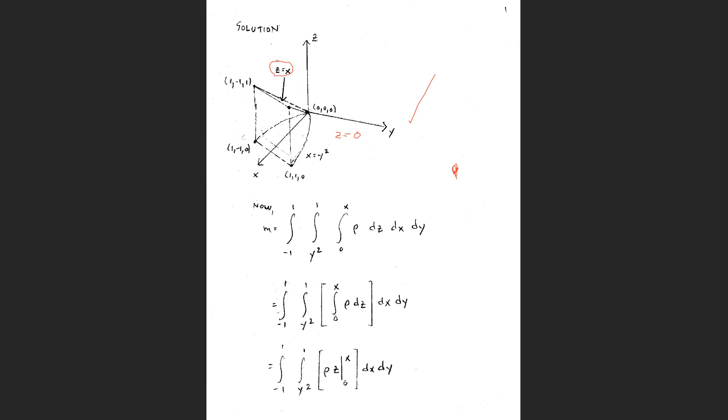So mass is going to equal density times volume. And here's the density. Now the density, they don't tell you anything regarding what the value of the density is.